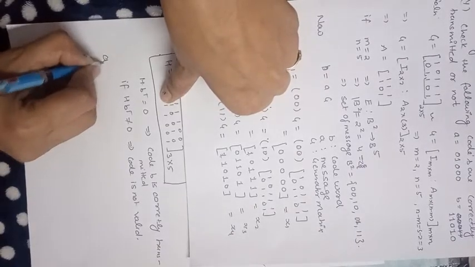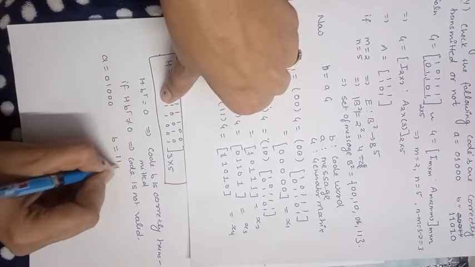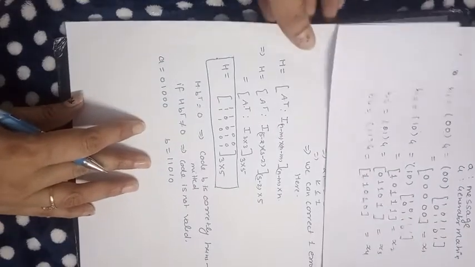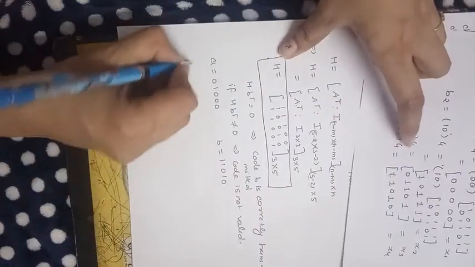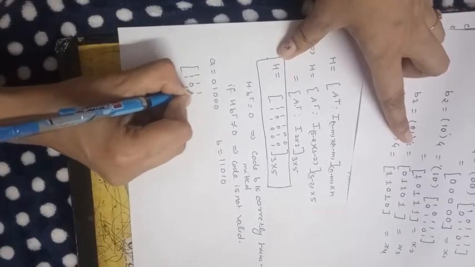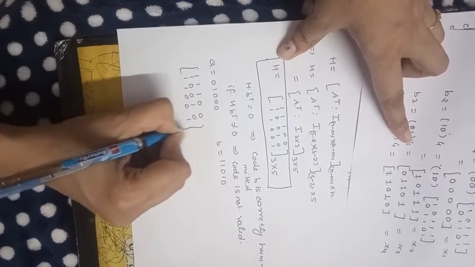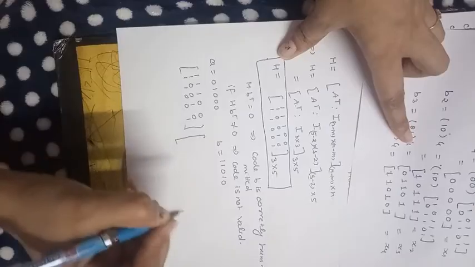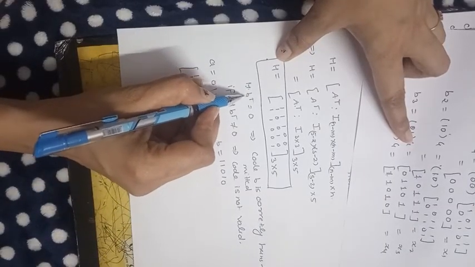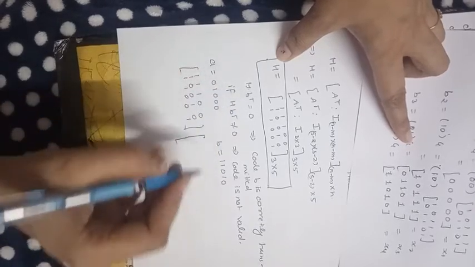Okay, here A is 0 1 0 0 0 and B is 1 1 0 1 0. Let me start to check here. H is 1 1 1 1 0, 1 1 0 0 0, 1 0 0 0 1, and what is the formula here? H into A transpose. As we know, A is a row matrix, then A transpose is a column matrix.